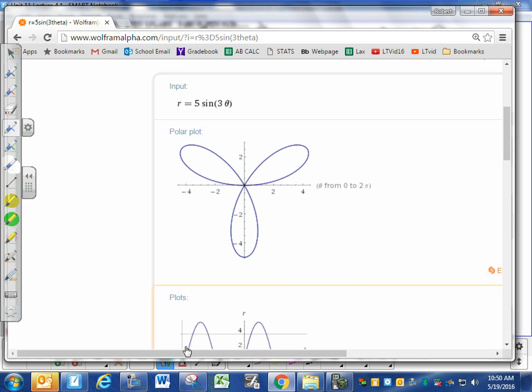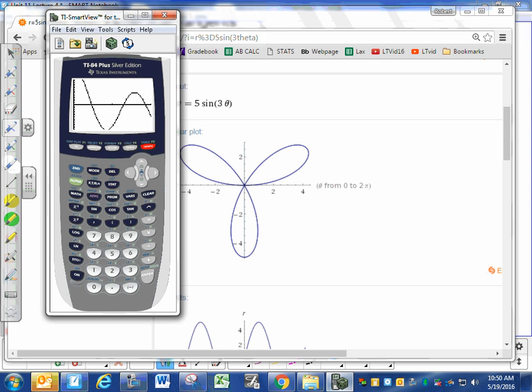I go to second calc intersect. I've moved my window so that I can just see a couple. I go to this first one, which is over here. Enter, enter, enter.